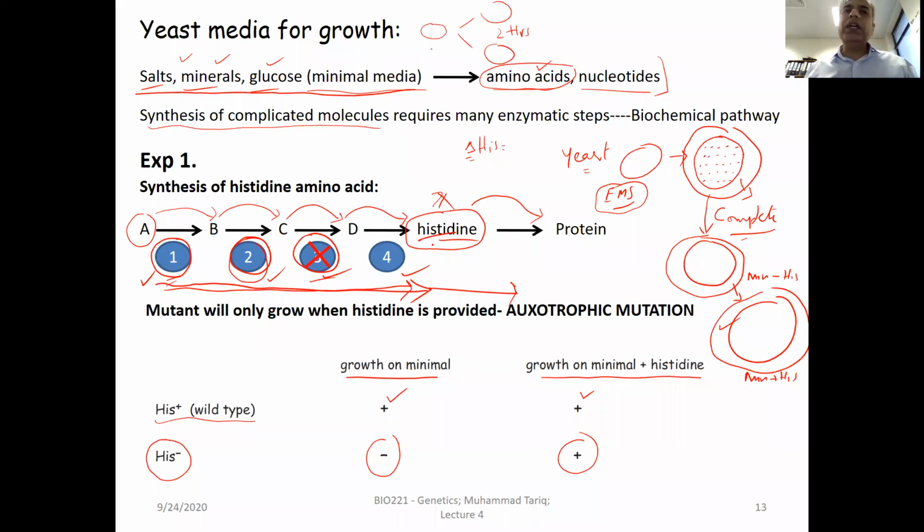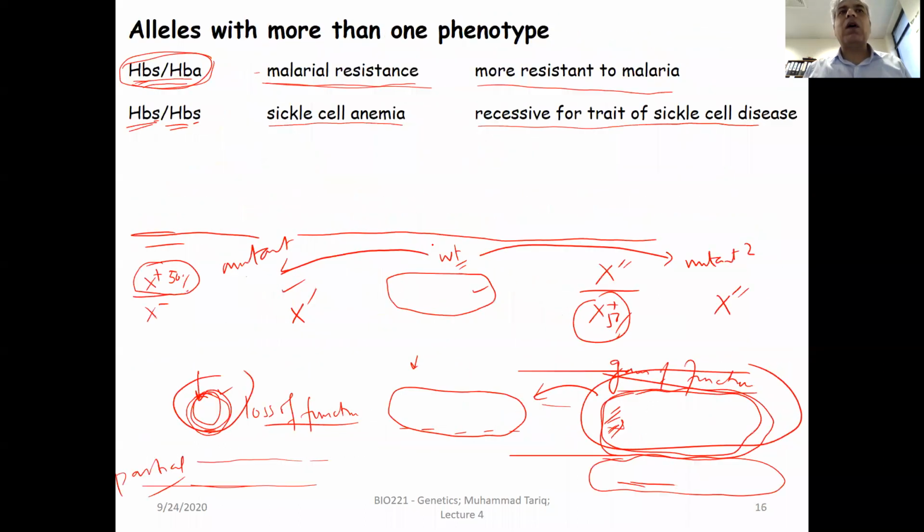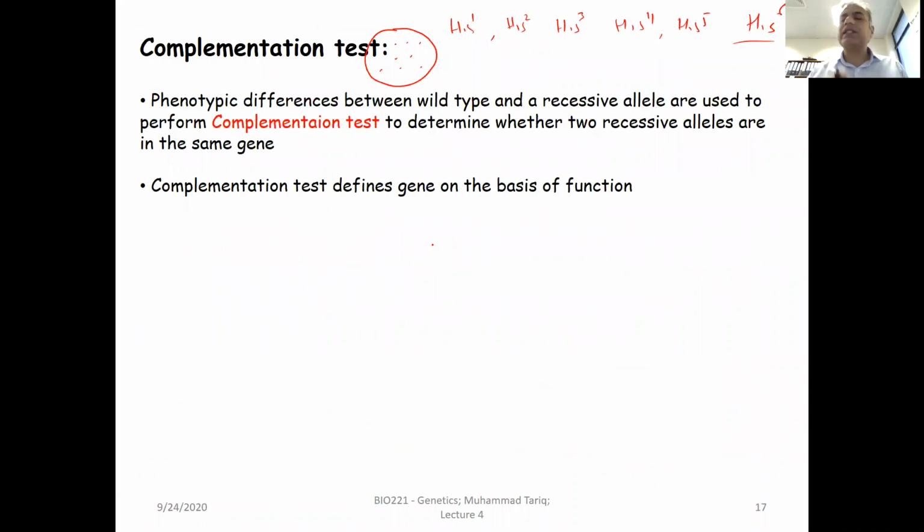So we resolve this through a classical genetic test, which is called complementation. Complementation can only be done, and this is very important, when the two phenotypes are recessive.